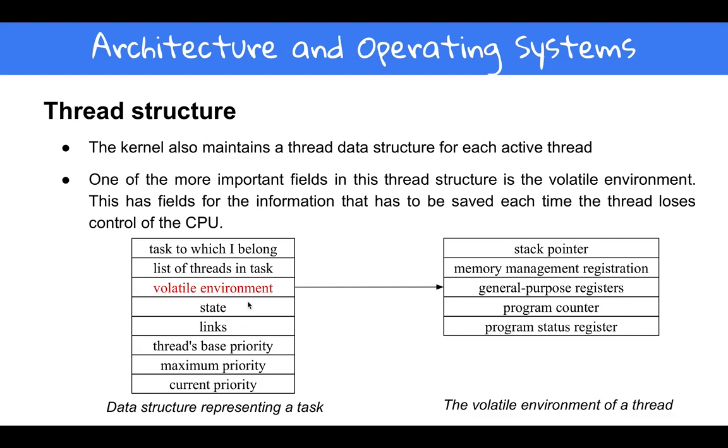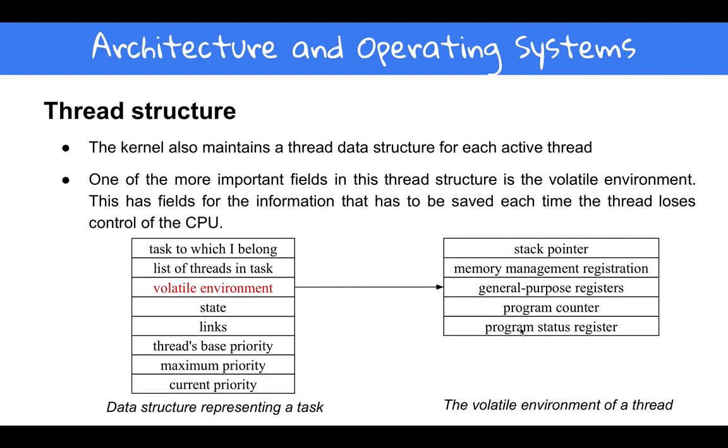So we save and load that in the volatile environment. We don't need to save the whole picture again for the whole process. In multiple threading, we save the state of that specific thread at that time.